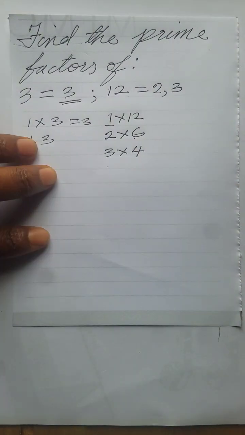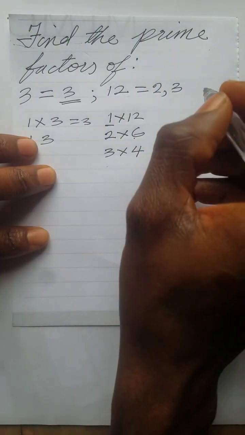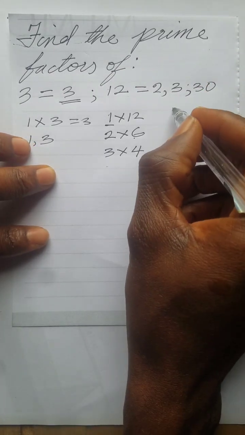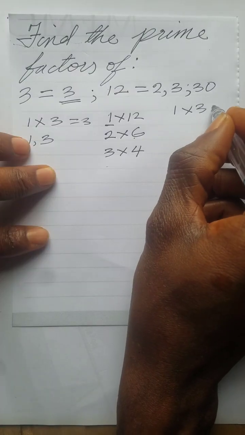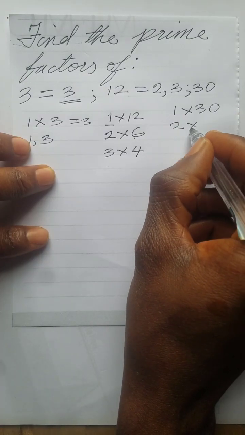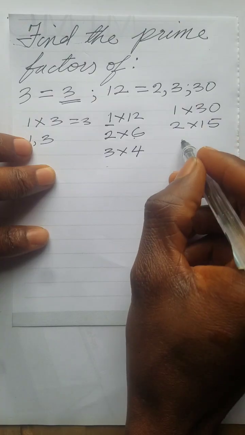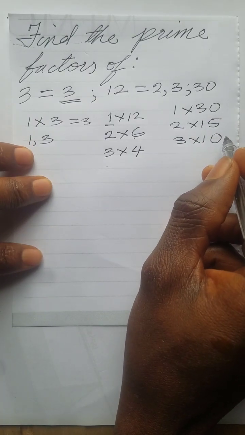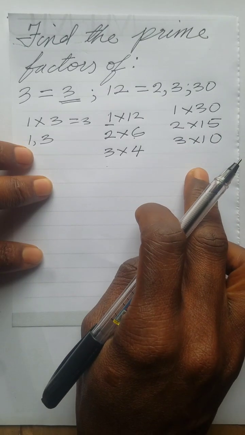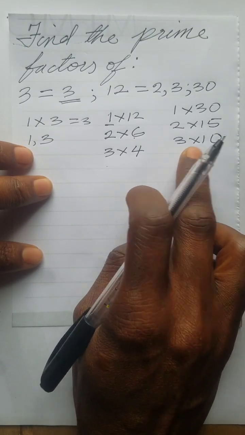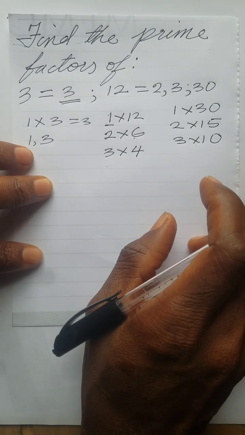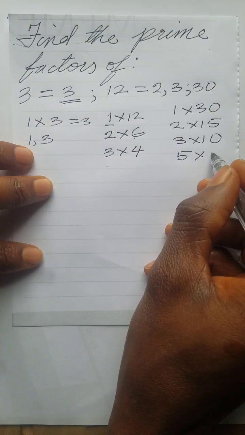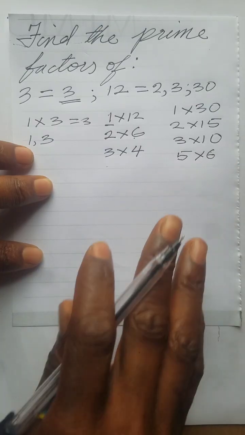Is that okay? What about the prime factors of 30? Again, 1 times 30 is 30. 2 times 15 is 30. 3 times 10 is 30. If you go on, you have something like 4 times nothing, giving you 30. But 5 times 6 gives you 30.